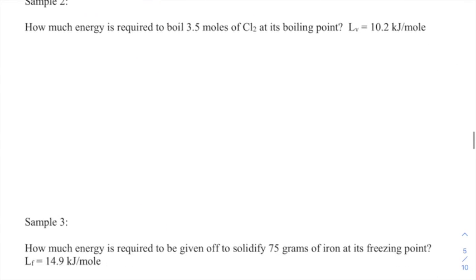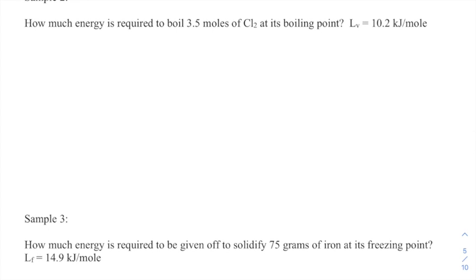Question 2. How much energy is required to boil 3.5 moles at its boiling point? Please note that now we're in moles. Does that match our value over here? Yes, it does. They gave us the L of V in a per mole, and then they gave us moles. We're fine. We can use our equation. So Q is equal to L of V times the M, which is actually moles in this case.